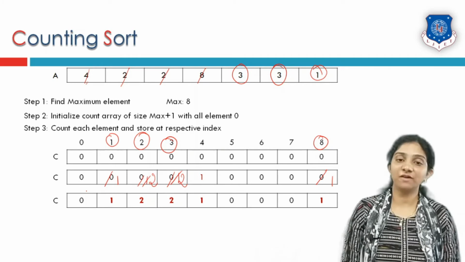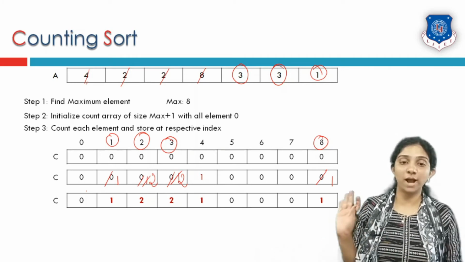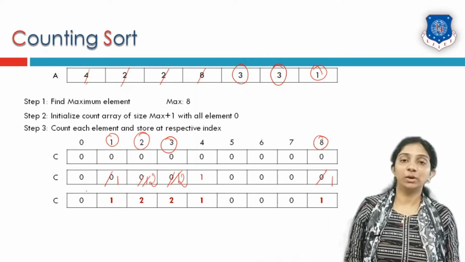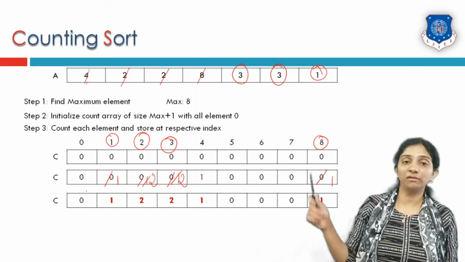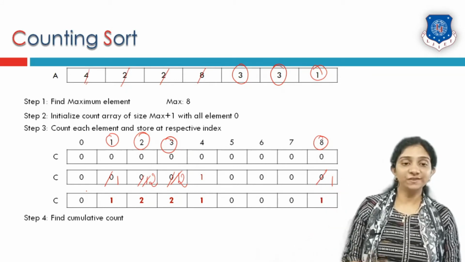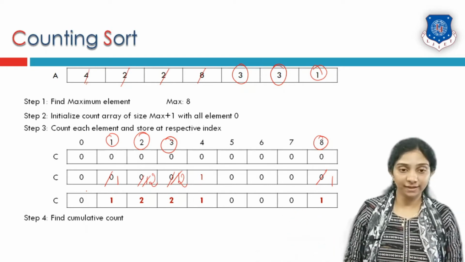This way we have prepared our final count array, which will look like 0, 1, 2, 2, 1, 0, 0 and 1, because we have counted the occurrence of each and every element from the input list. Now the next step is to create the cumulative count of the count array.